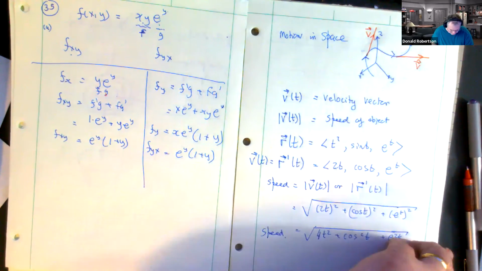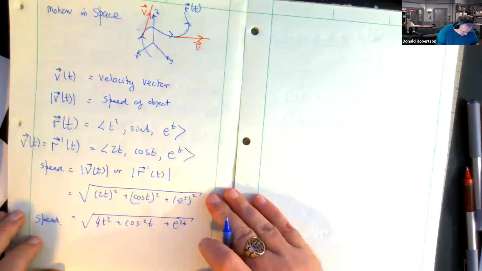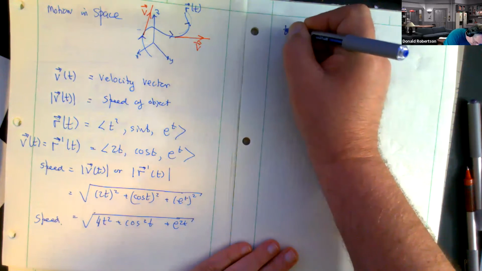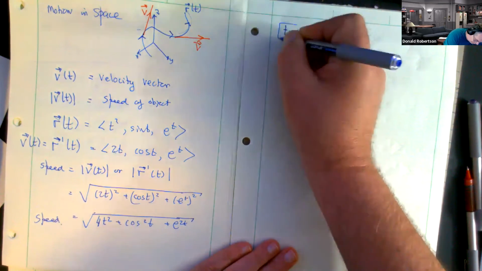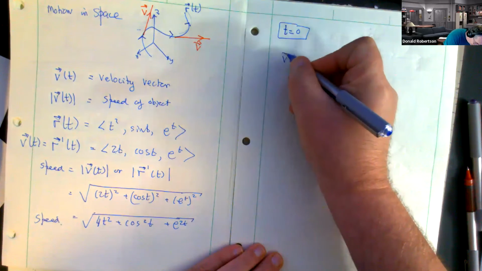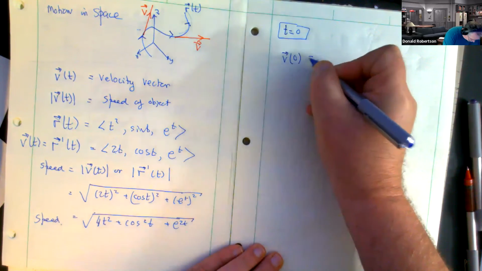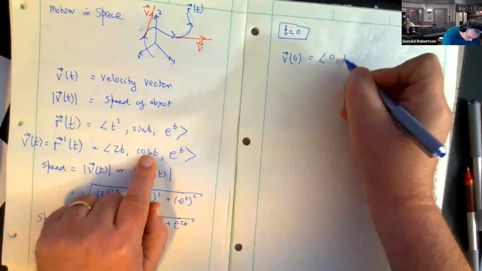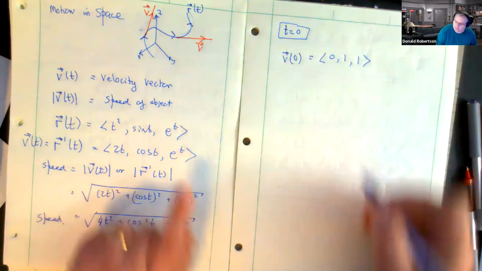Now, if you wanted to know the velocity or the speed as this object travels its journey, let's say at a specific time, like t equals 0. So that would be just as it started the journey, right? Then the velocity vector at 0 would be 2 lots of 0, cosine of 0, e to the 0.